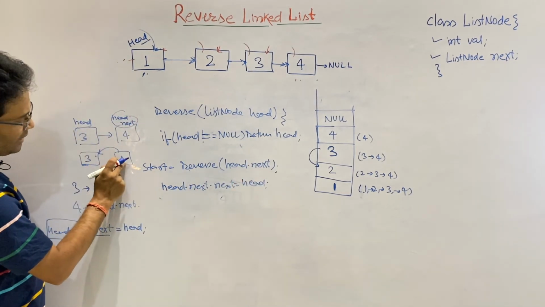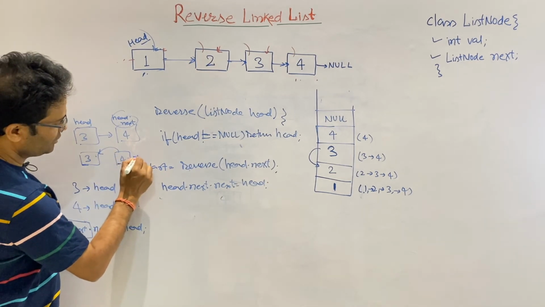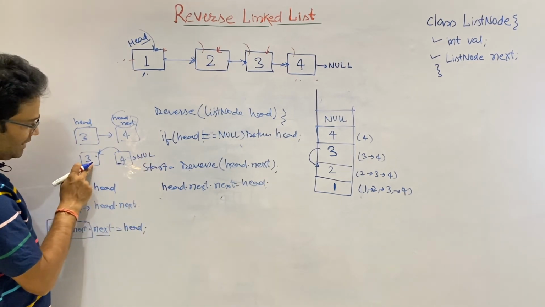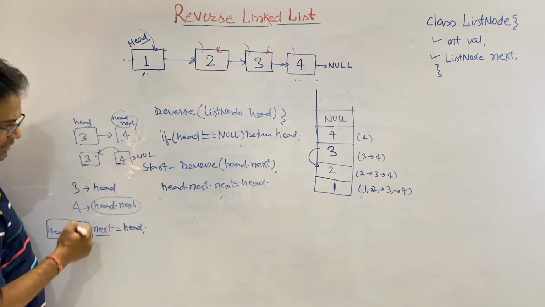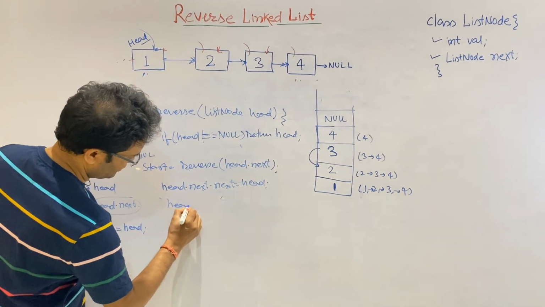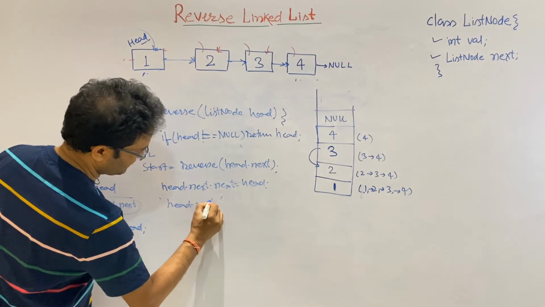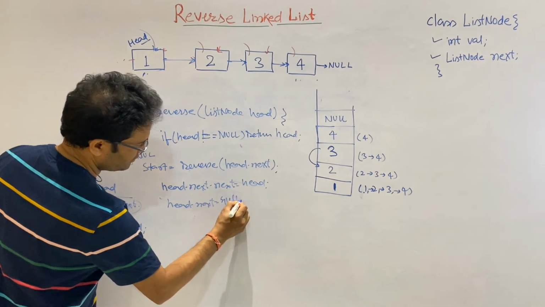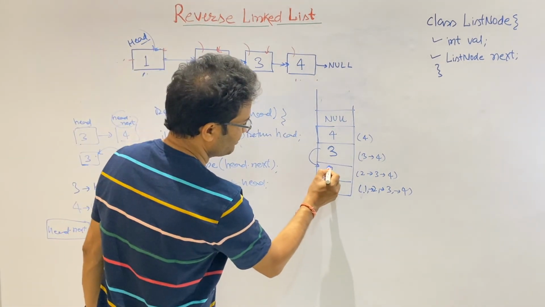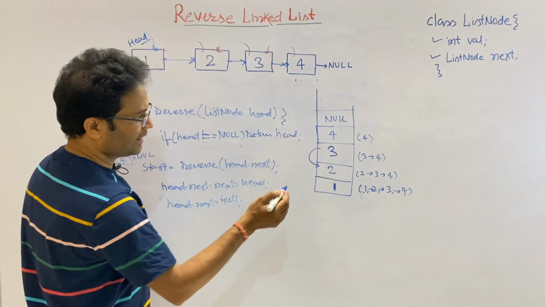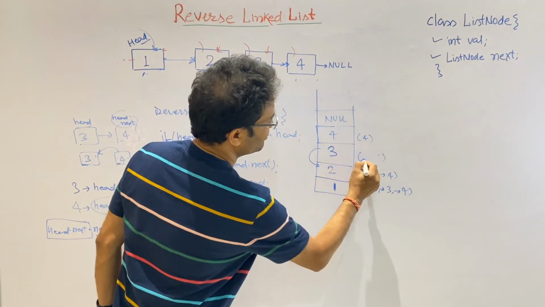After this, this should become null. Means head dot next should be null, because 4 represents the head dot next. So make head dot next equal to null. That's it. So simple. When this comes to the 2, by that time this should already be reversed.